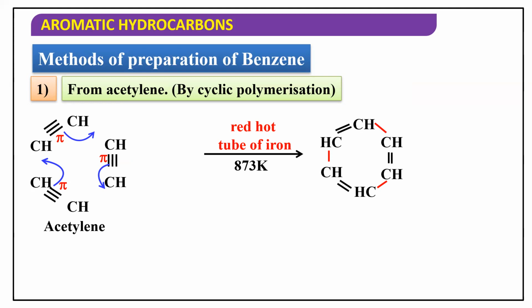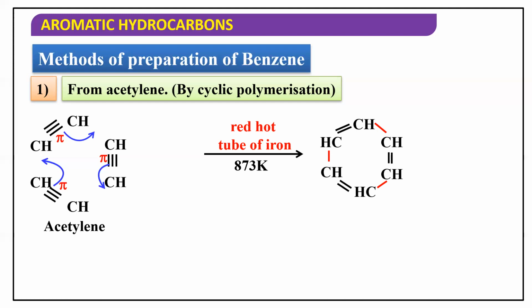So where we clearly see, we take 3 moles of acetylene. Acetylene is an alkyne, but there is rearrangement of bonds to give us benzene. So they combine to form one unit. Hence, this comes under the type of reaction called polymerization. So 3 units of acetylene combine to form 1 mole of benzene.